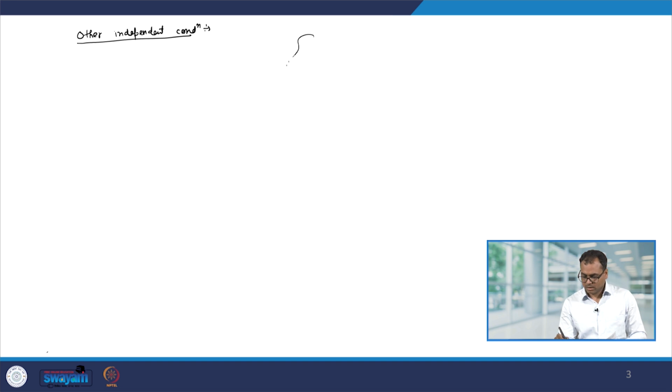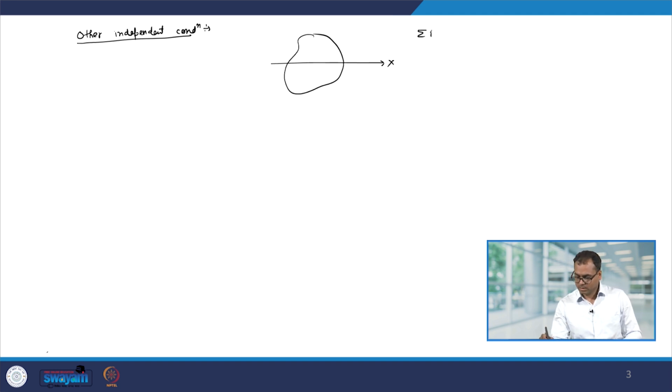Now, let us look at another independent condition for a 2-dimensional object. Let us say again I have a rigid body, and this is some x axis. In that case, summation Fx should be equal to 0, moment about a point A should be equal to 0 and also the moment about some other point B must be 0, but this point B should not lie on a line which is perpendicular to the x axis. For example, this point B should not lie on this axis, it should be somewhere else, let us say here.